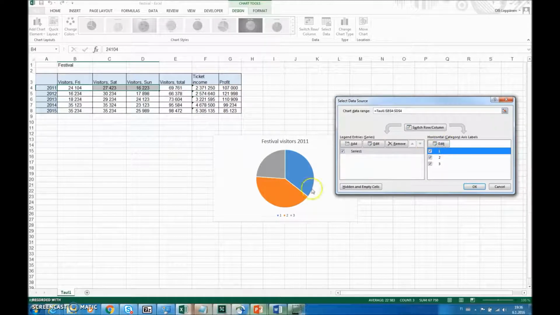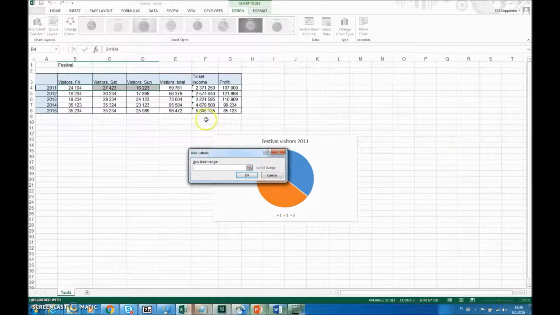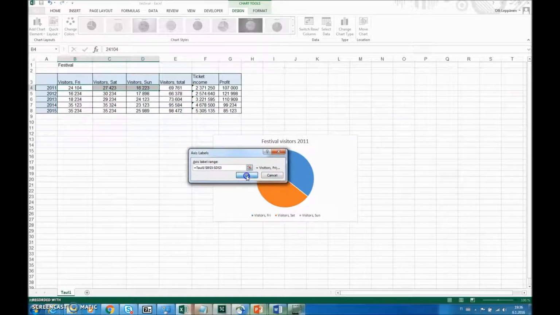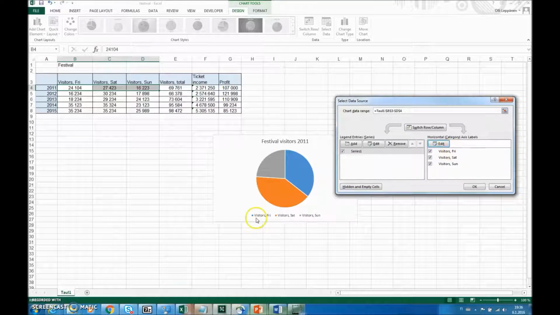Let's edit these 1, 2, 3 to contain the titles Visitors Friday, Visitors Saturday, and Visitors Sunday. So we can just select the area from here, say OK, and now we have nice explanations for the different colors.